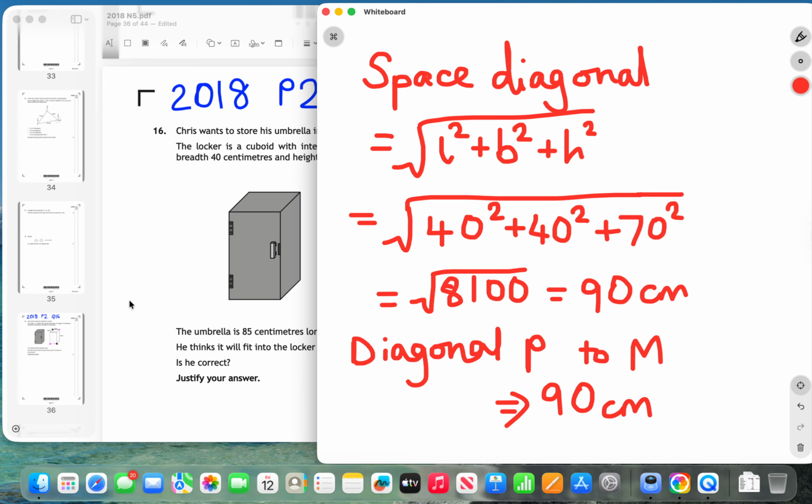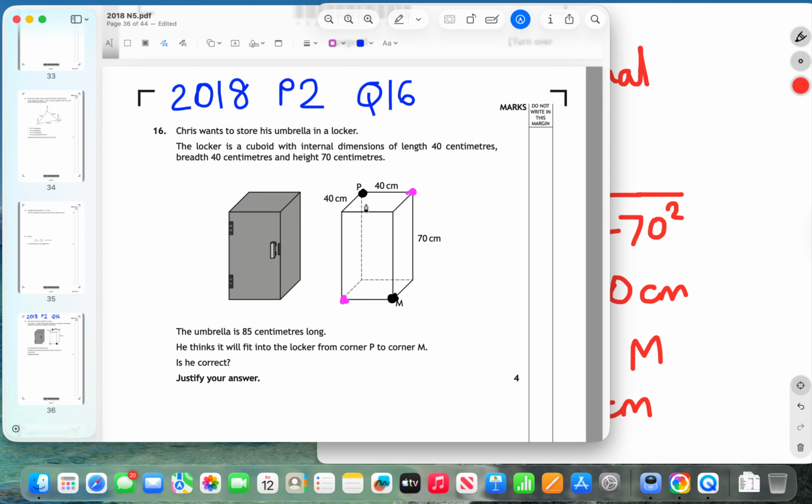So we found that you could do this another way, which is you would find the face diagonal. So the face diagonal is, if you look at one of the faces, so look at the square face, well, this one, this. So you would use 2D Pythagoras, you would do the square root of 40 squared plus 40 squared.